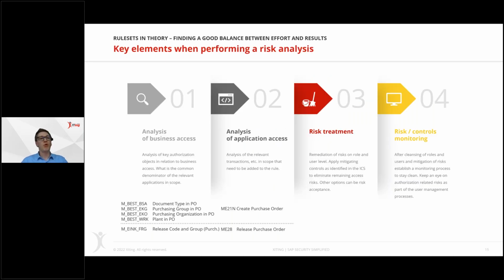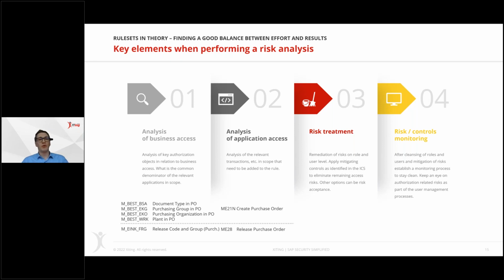So, key elements when performing a risk analysis. We typically have the business access component, so the access that can be used within a transaction. But an important element is also the application access. This is when you talk to the business departments and they want to see clear results, and they probably want to reperform some actions in the QA system to see whether it is a real, genuine SOD conflict.